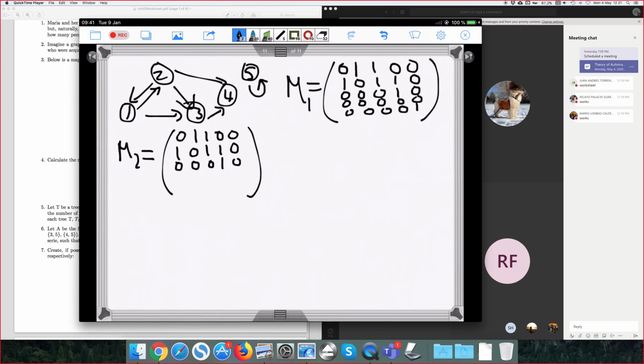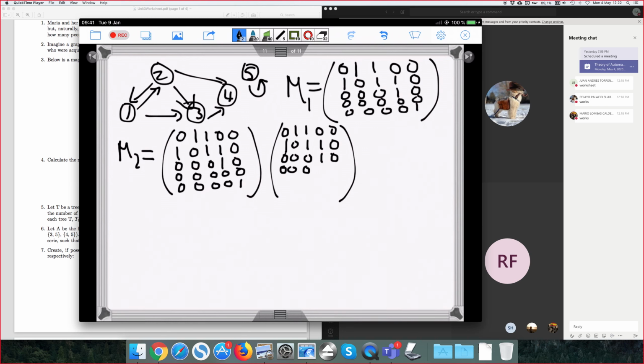So I'm copying the matrix here in order to make the multiplication. So 0 1 1 0 0, 1 0 1 1 0, 0 0 1 0 0... Let me see if I can fit it here. Yeah, I think so.